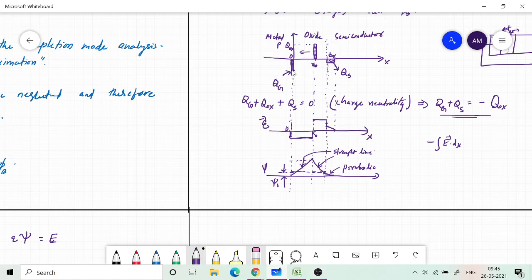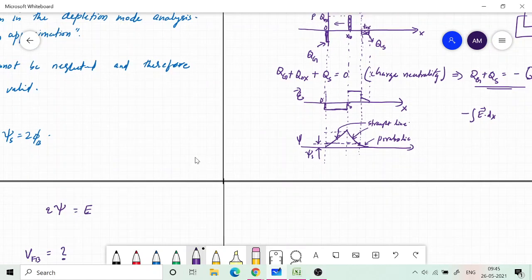So if there is the same amount of charge here as well as in x0, the electric field will be only from x0 to 0, and there will be no electric field from x0 to the semiconductor side, because everything is satisfied. Just like a capacitor has equal amount of charge on both plates, that kind of situation we need to create.